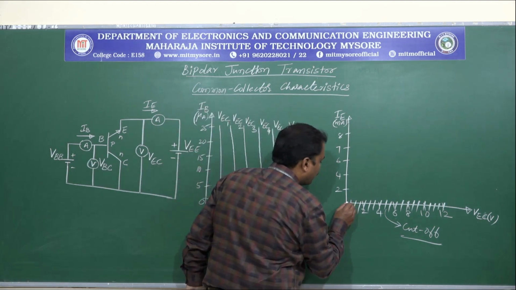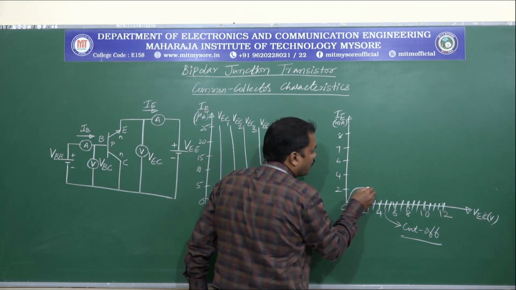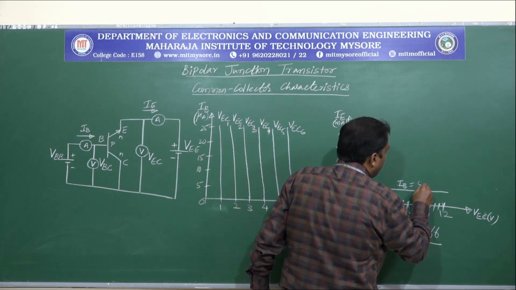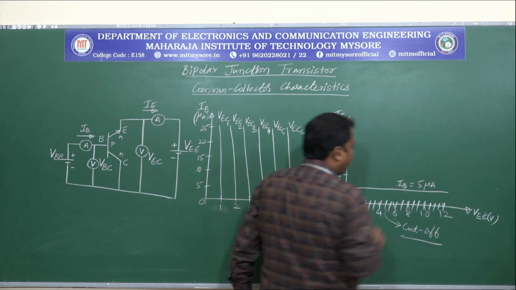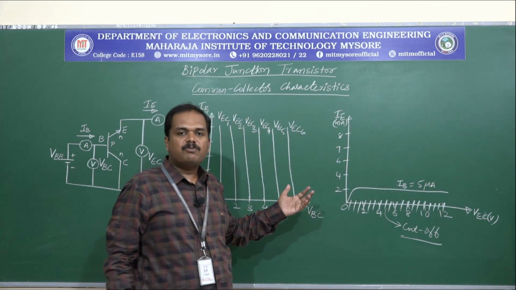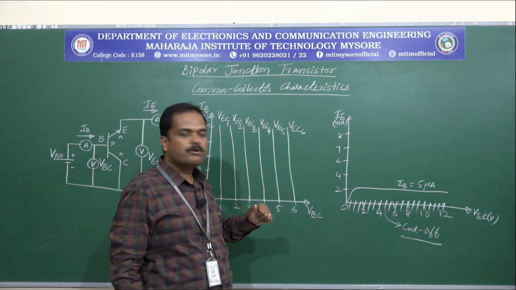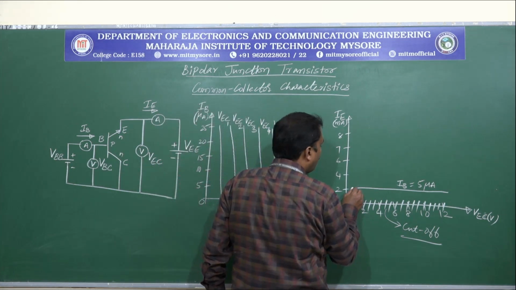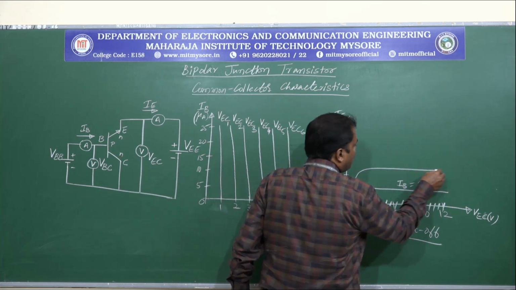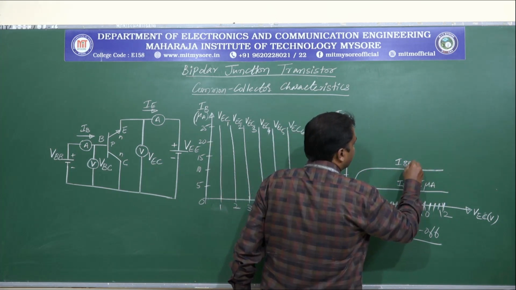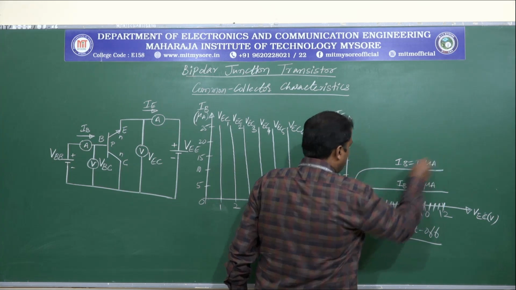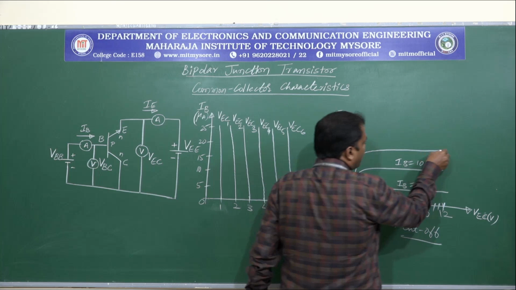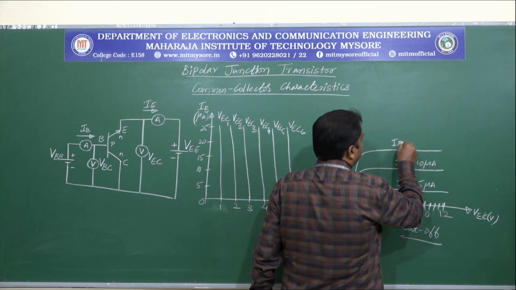So let us say for IB equals 5 microamperes, there will be approximately 2 milliamperes of output current on the emitter terminal. So just like that, as we go on increasing IB, there will be increased levels of output current that flows.